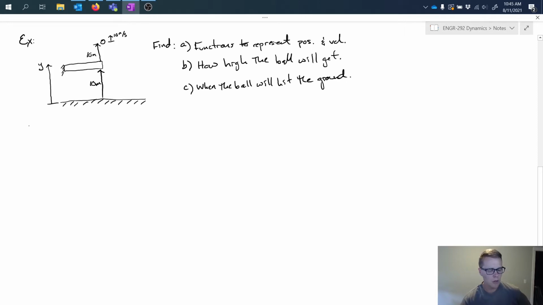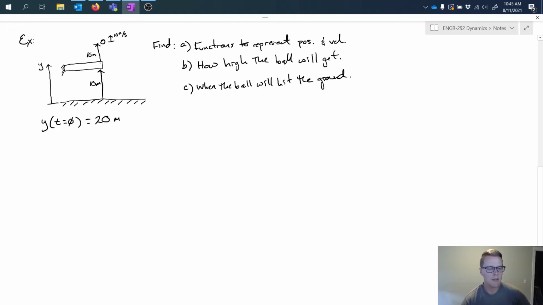So to start this problem, we need to think about what we know about this situation. We might say we know some initial conditions, right? So we know the initial height when time equals 0 is 20 meters.